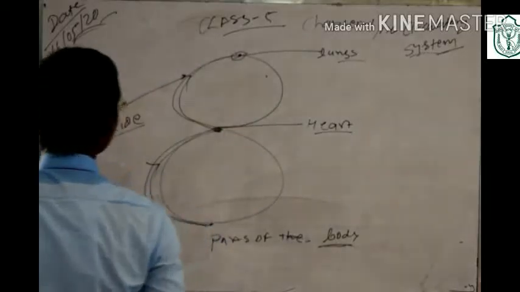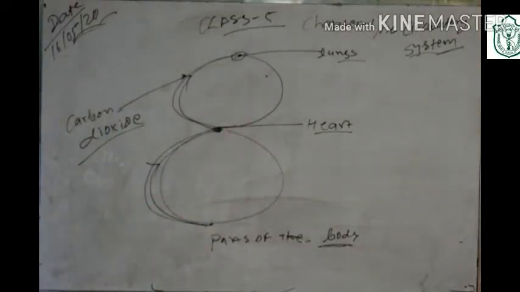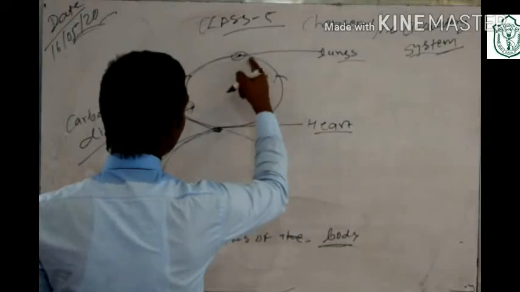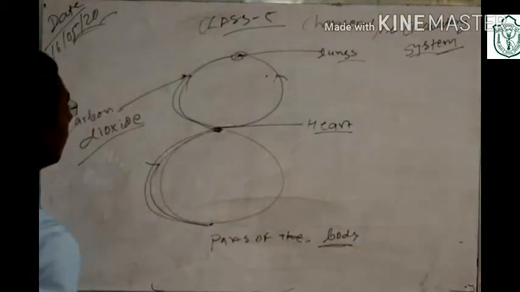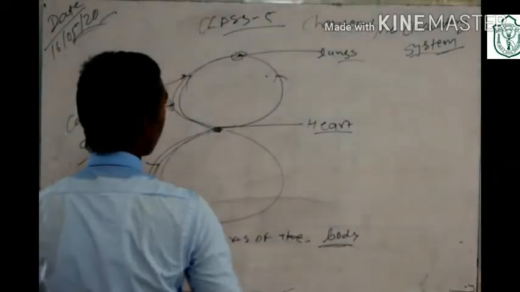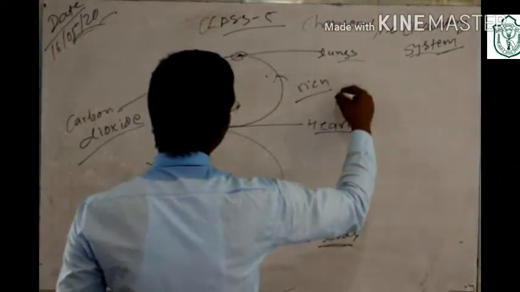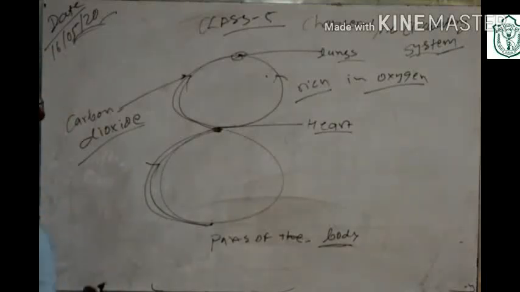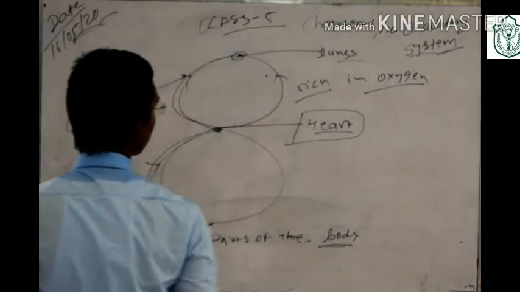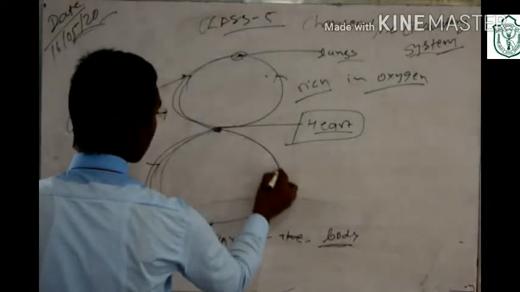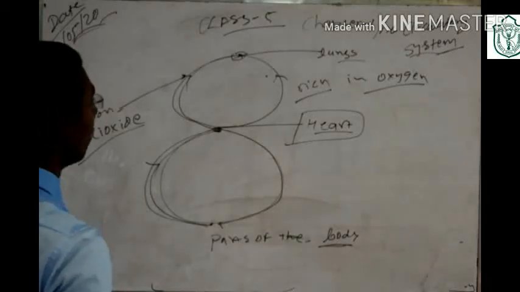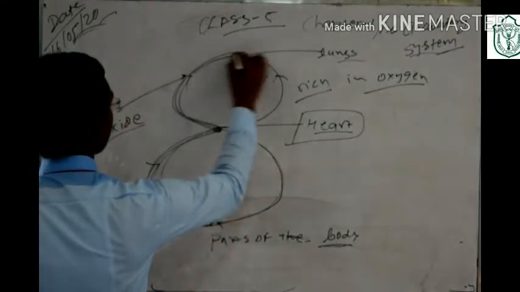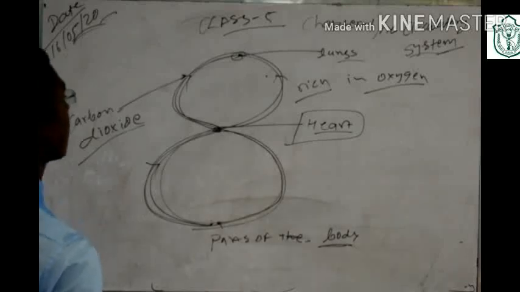So here the bad blood is exchanged into oxygen-rich blood. After the exchange of gas, the heart receives the blood from the lung, which is rich in oxygen, and pumps the oxygenated blood to the different parts of the body, and this is known as the double cycle system.